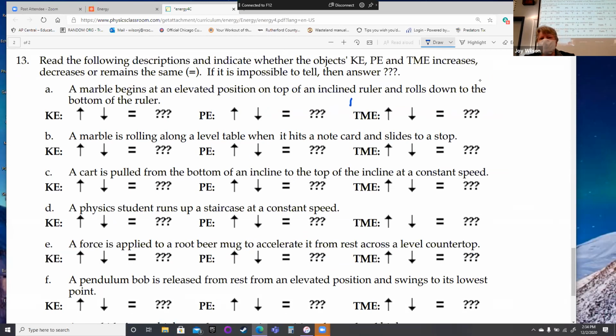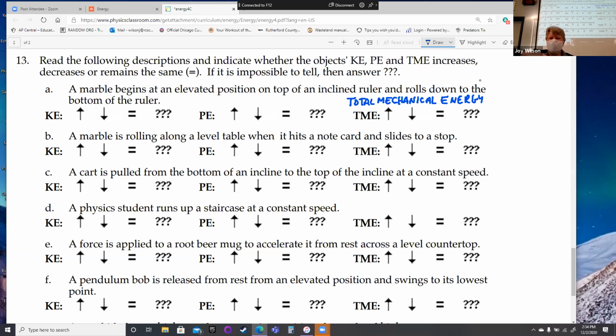TME is total mechanical energy. And I say that on the worksheet, okay? It says that on the worksheet. So let's look at number 1.